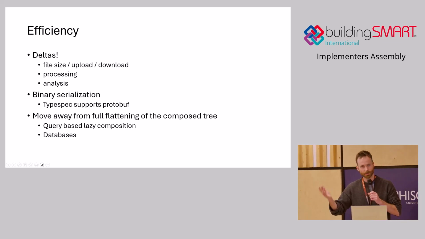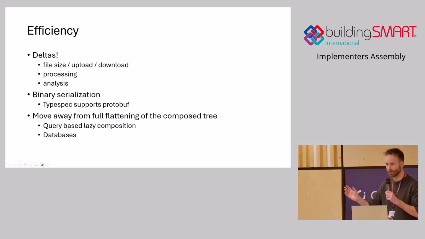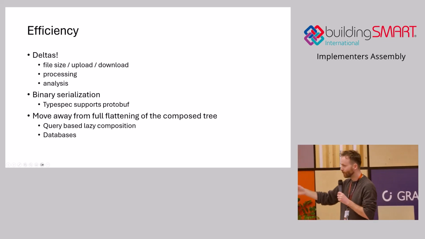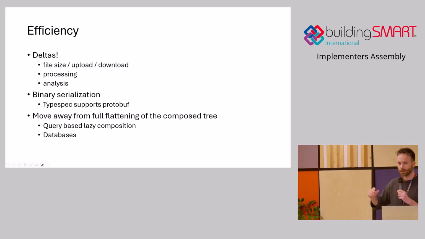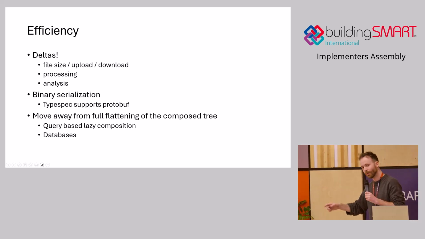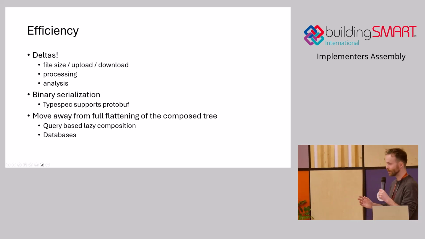All of your existing booleans are going to be fine because they're unchanged. It's really nice. For binary serialization, if we do need it, TypeSpec supports it, but we can explore different things. TypeSpec does protobuf, which I don't know if that's standardized yet, but it is very nice.